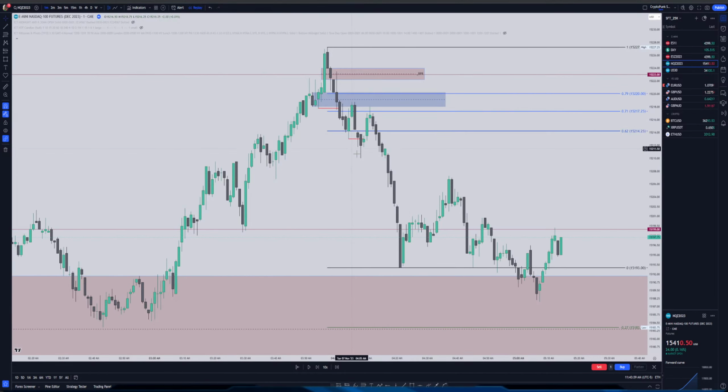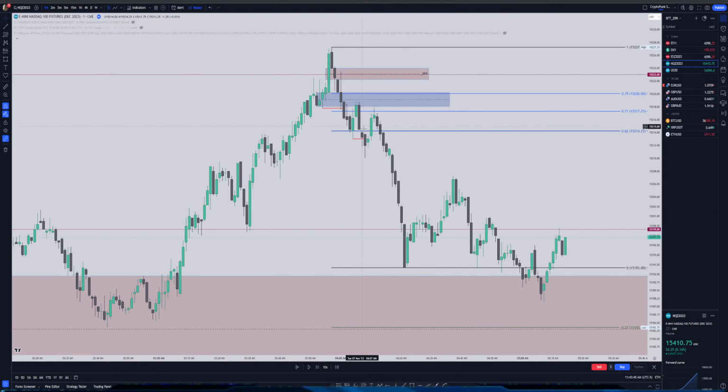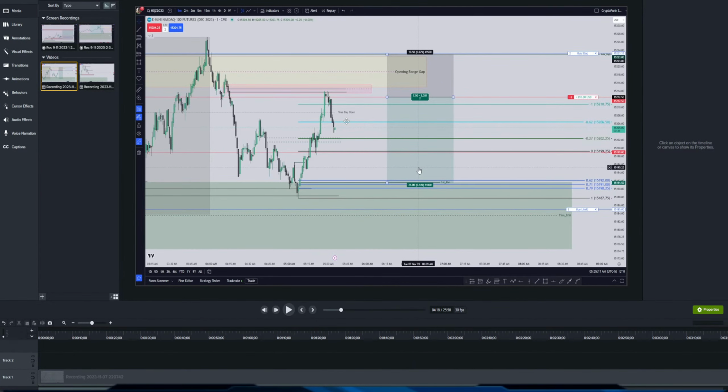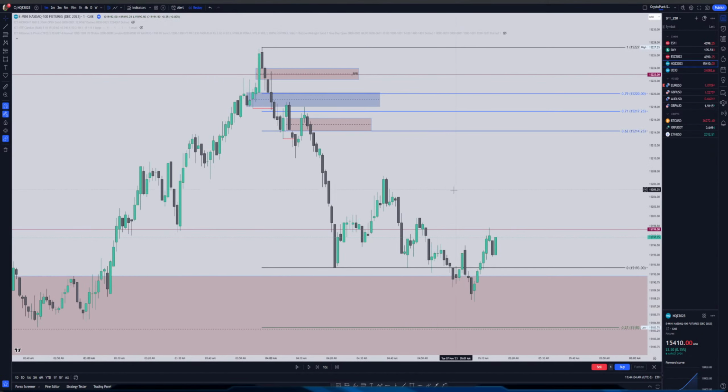Don't get me wrong, this model is even better, but I didn't enter into this fair value either. Let me see where the video is showing me. Since this is my entry level and that's where it went, I didn't enter into that, as simple as that.